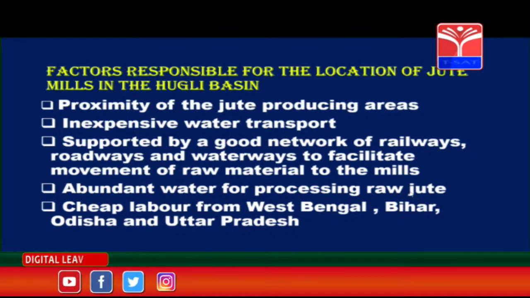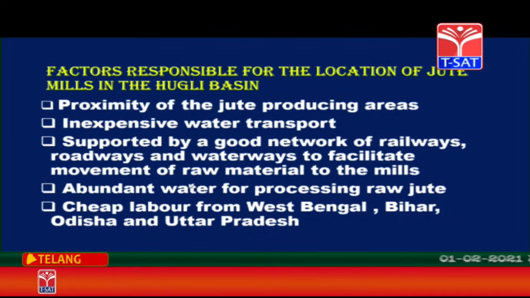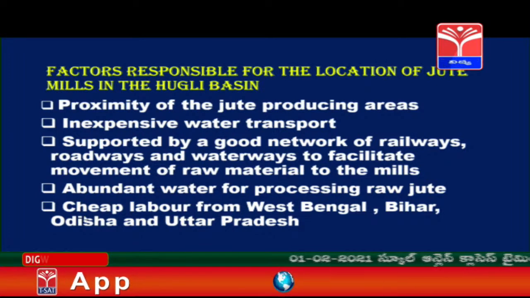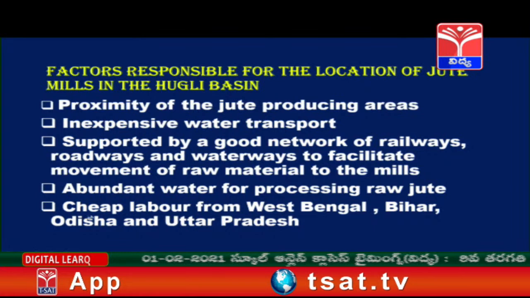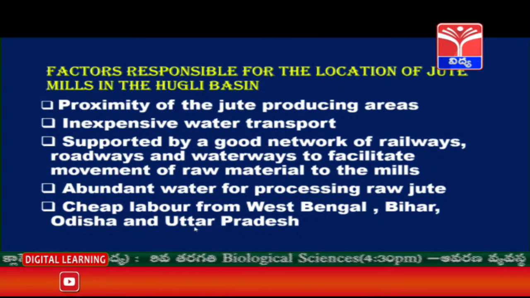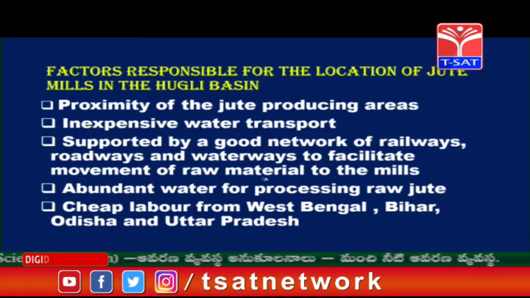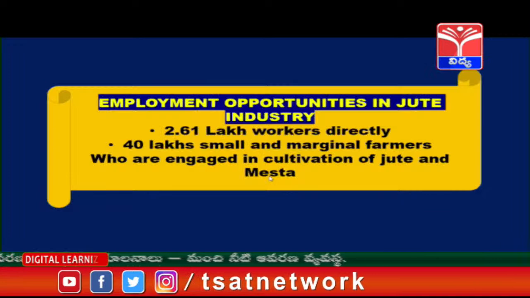So, raw jute requires a lot of water, and since it is near river basin, the raw jute can be easily processed. And availability of cheap labor from West Bengal, Bihar, Odisha and Uttar Pradesh. So, these are the factors responsible for the location of jute mills in the Hooghly Basin.